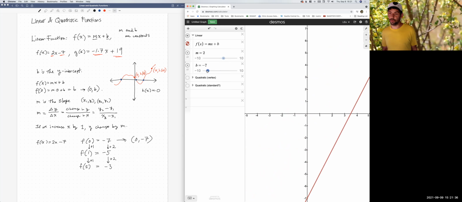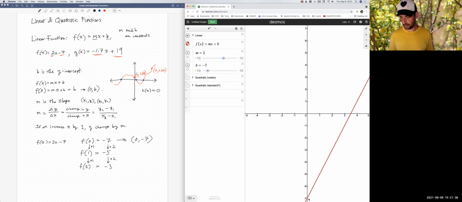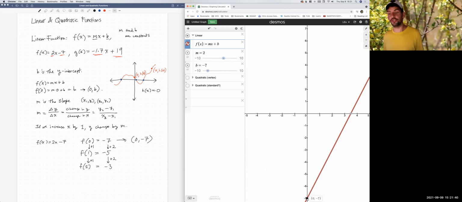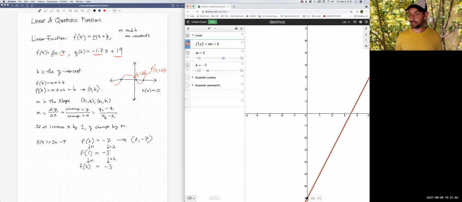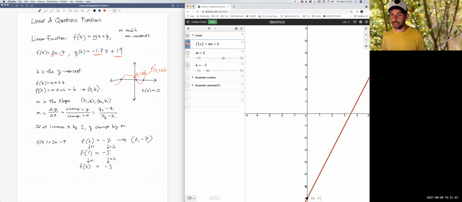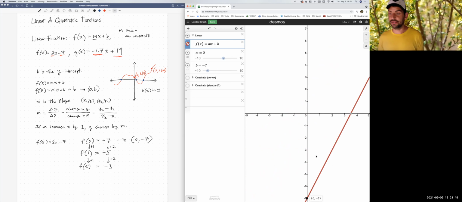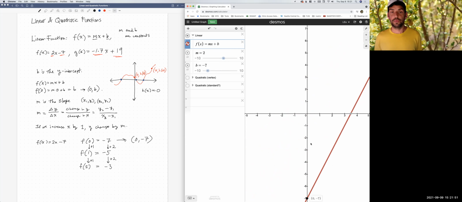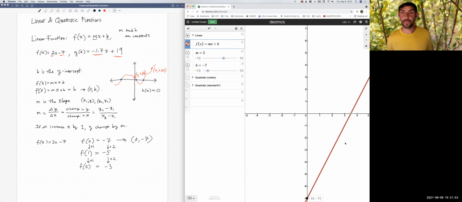Almost off our screen. So it's going through the y-axis, the vertical axis down here at 0, -7, and increasing. Every time we increase x by 1, y increases by 2.